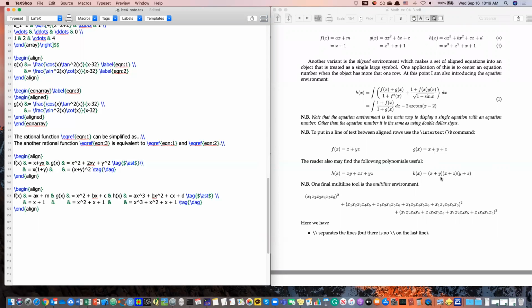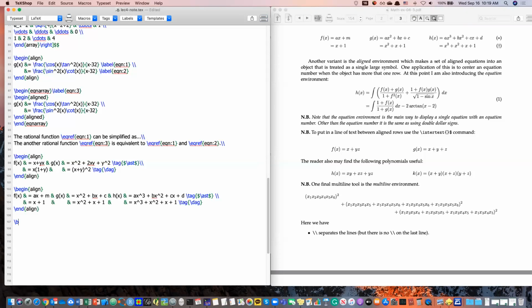But there is a text between the first and second row. So how can we insert a paragraph or sentence between rows? Then we use intertext.